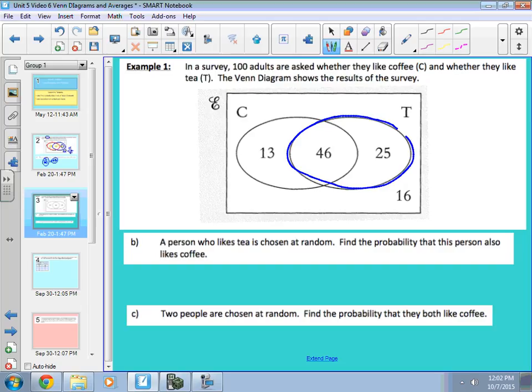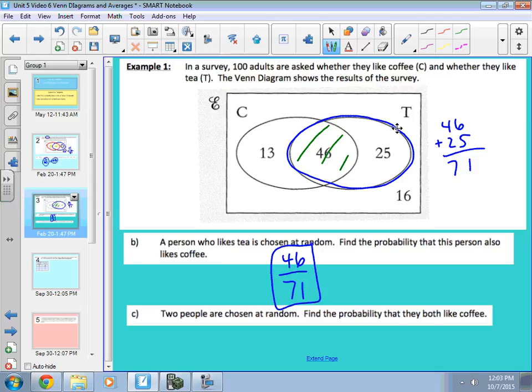So the total people here who like tea would be adding 46 plus 25, we get 71. There's 71 people here who like tea. Out of those people, how many like coffee? That would be this overlapped section here. These are the people who like both. So we would have 46 out of 71 would be the answer.